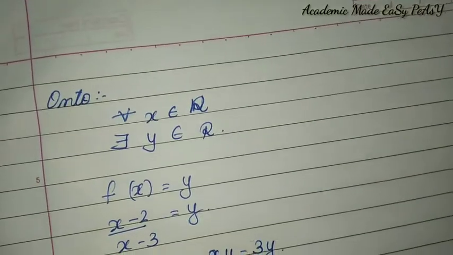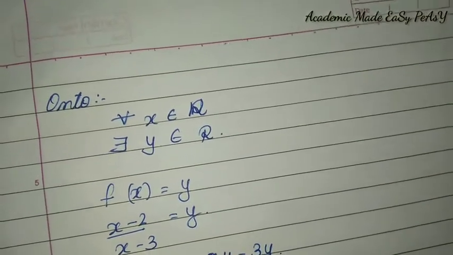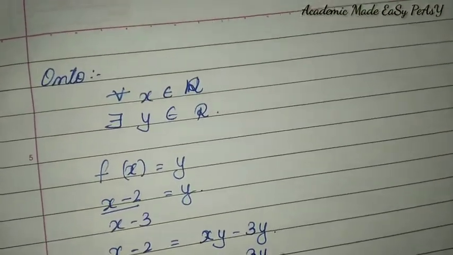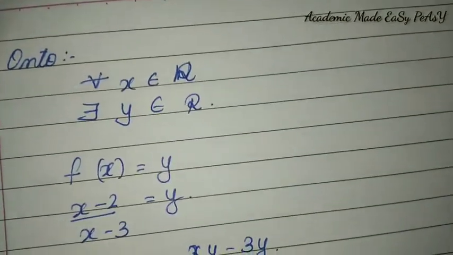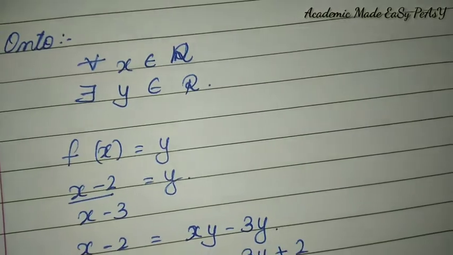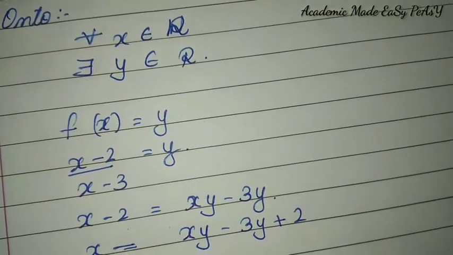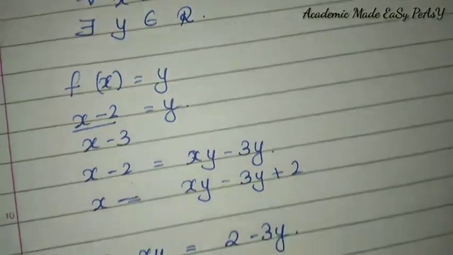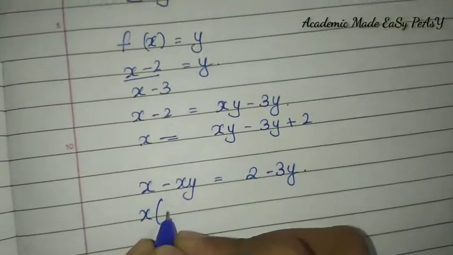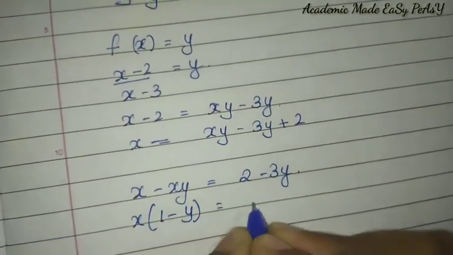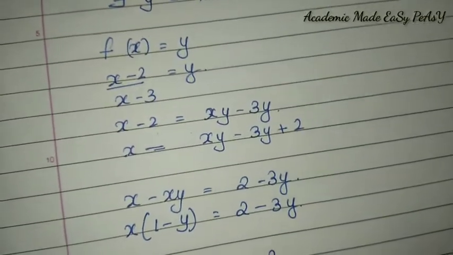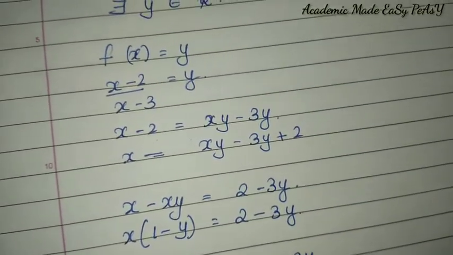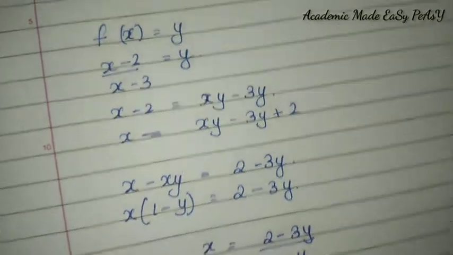So x is equal to xy minus 3y plus 2. So grouping of x, we will get x minus xy is equal to 2 minus 3y. Okay, so when we take x common, x times (1 minus y) is equal to 2 minus 3y. Therefore, x is equal to (2 minus 3y) by (1 minus y).